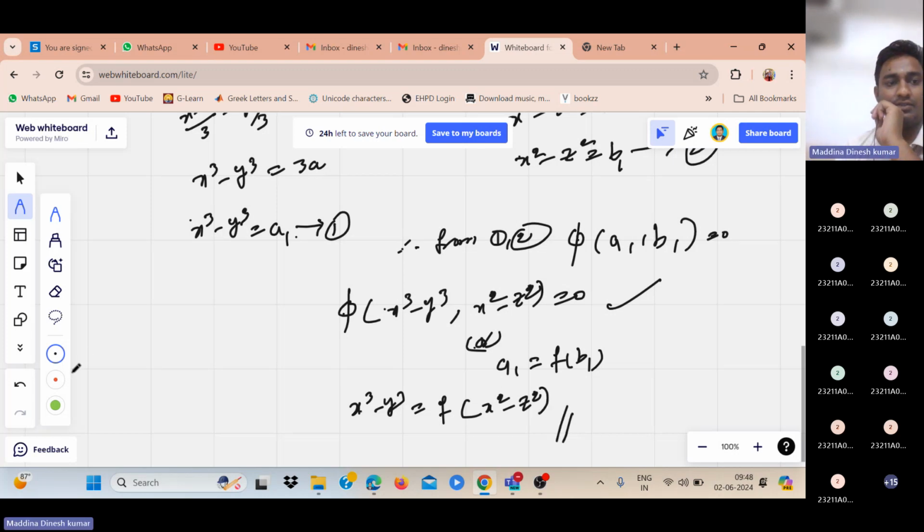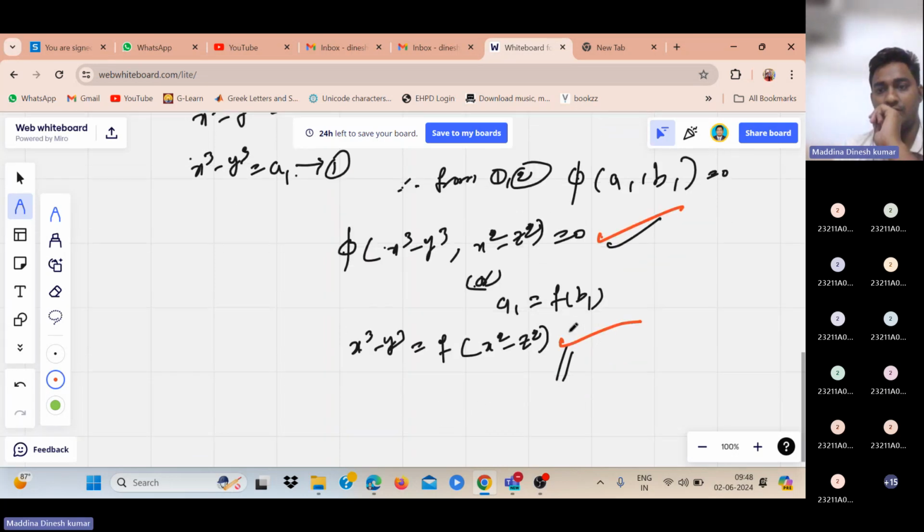If you write like this, that is also correct. In some textbooks they give the solution like this. Both are correct.